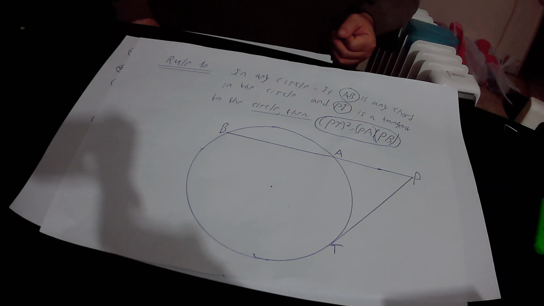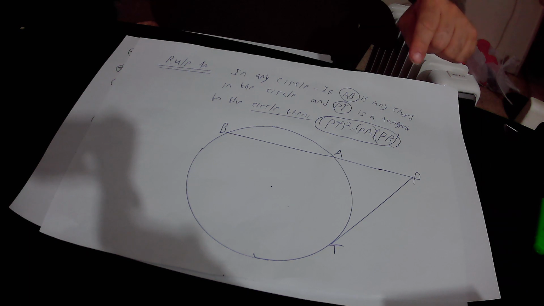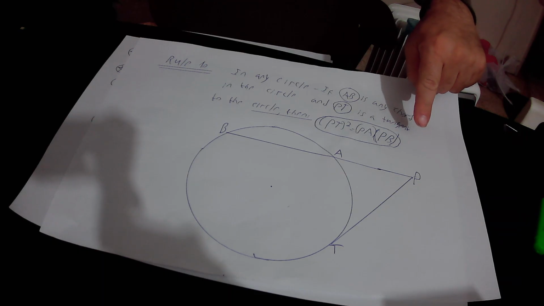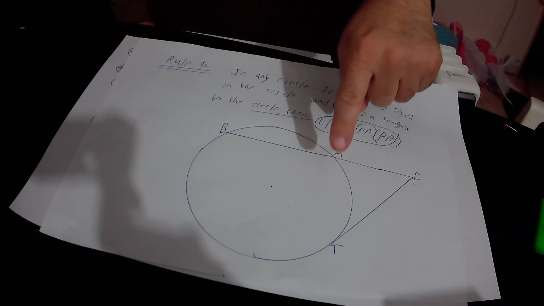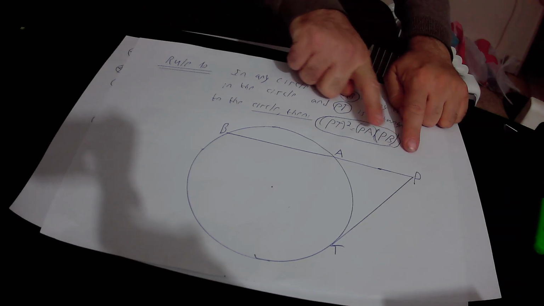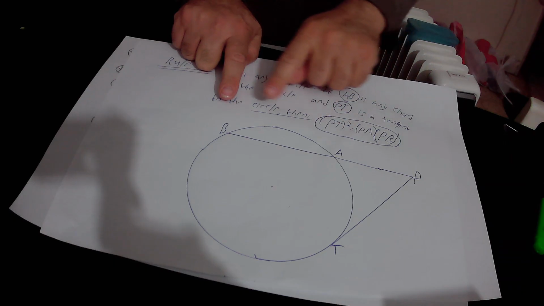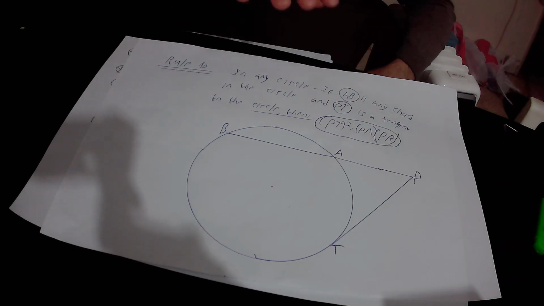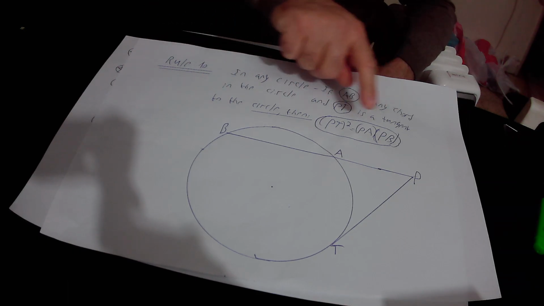According to rule number 10, if you have a circle and a common external point P, and from P you draw tangent PT that is tangent to the circle at point T, and you draw line segment PB that cuts the circle at points A and B, then in this drawing the following equation is true: PT squared equals PA times PB. Again, PT squared equals PA times PB.